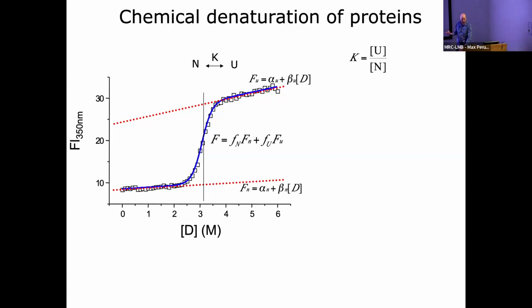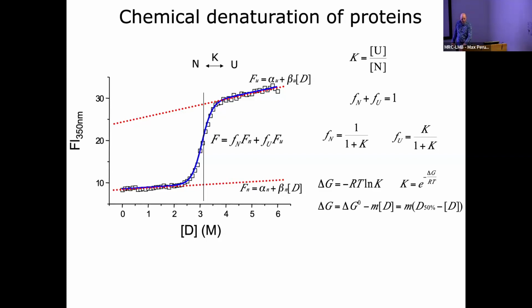So of course, if we know what the fractions are, we can work out the equilibrium constant for each of them. And of course, that's linked to the energy. So the free energy of folding is linked to this equilibrium constant: delta G equals minus the gas constant times the temperature in Kelvin times the natural log of K.